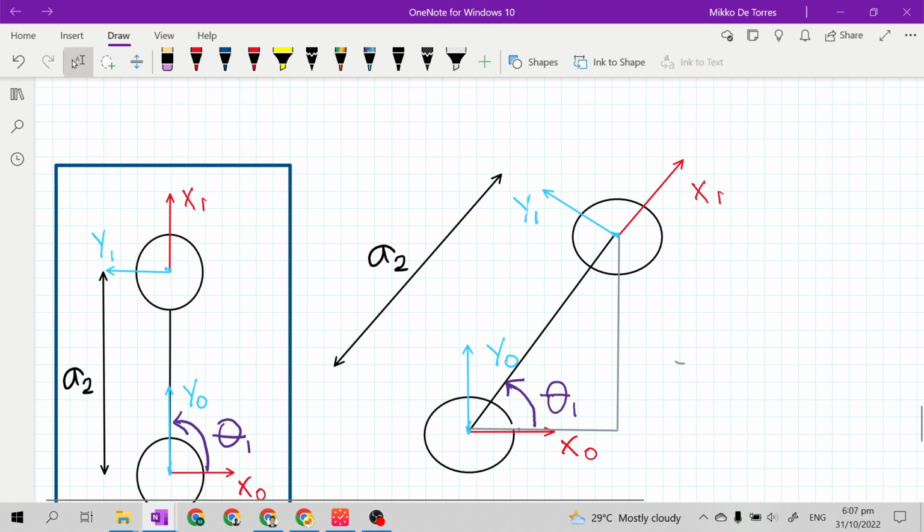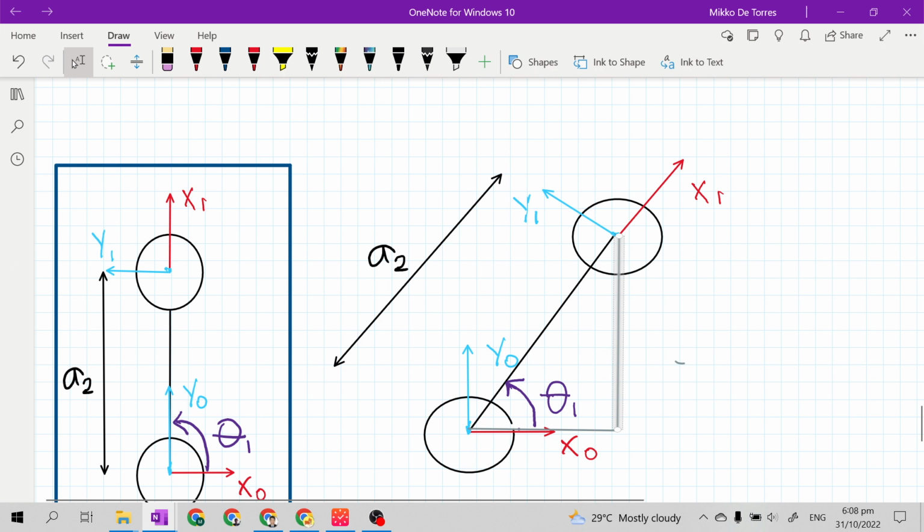So now we have a right triangle. What we will do is recognize which is the hypotenuse, the adjacent, and the opposite side. So this is the hypotenuse, which means a sub 2 is our hypotenuse.